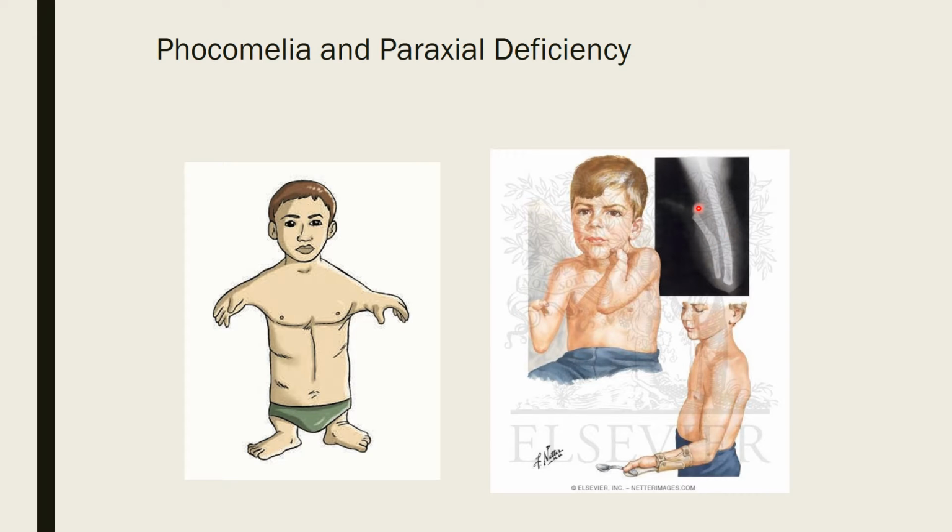You can see here, this is this kid's x-ray, so they're missing their hand, but they're also missing either their radius or their ulna. I'm guessing maybe radius by the look of the picture here. But anyway, that's an example, or it could be an example of paraxial deficiency.